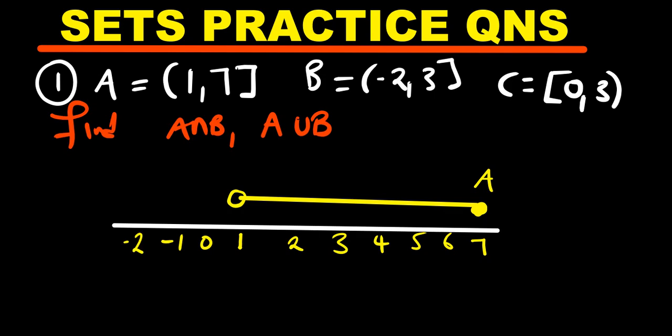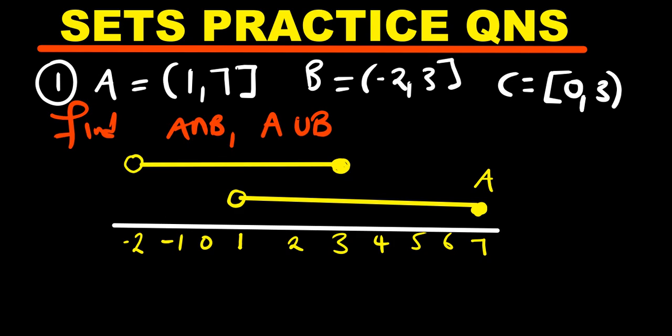Now for B we're saying you're moving from -2 to 3. Is -2 included? You're able to see that -2 is not included, so you're going to put an open. Now you're going to 3. Is 3 included? Yes. Then what do you do? Join the points. That will be the interval for B.